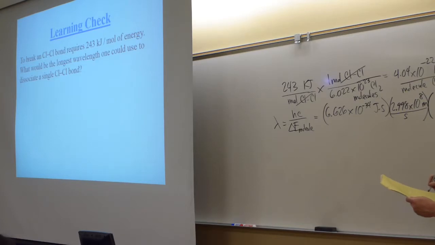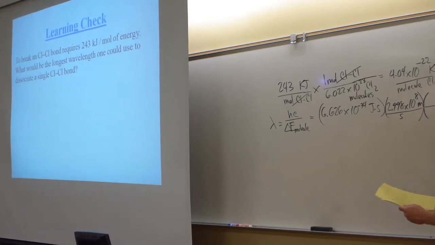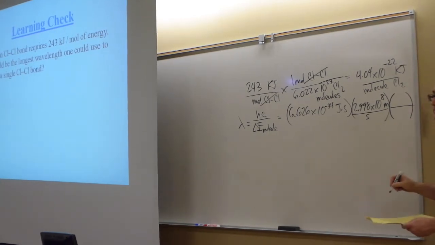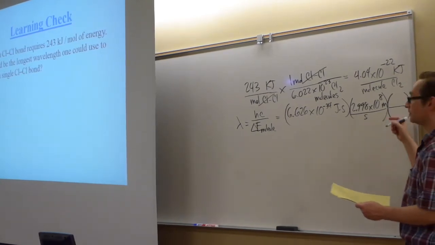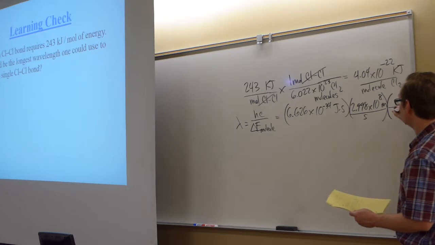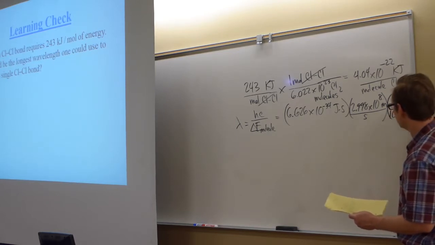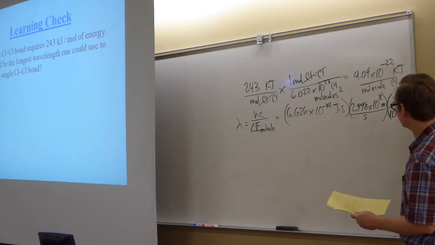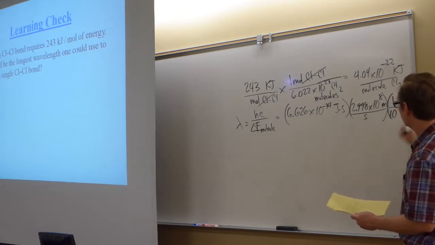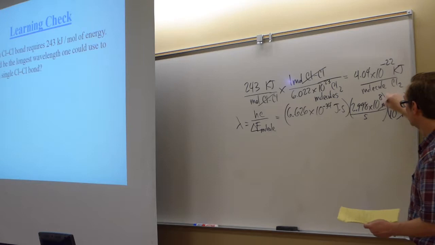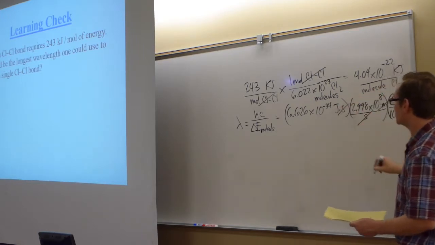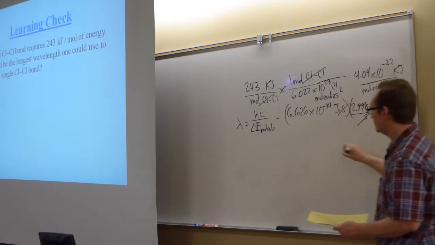And it's asking us what is the longest wavelength. What are the units of wavelength typically? Nanometers, right? Going from nanometers to meters, we have 10 to the minus 9th meters for every 1 nanometer. The seconds cancel, the meters cancel.